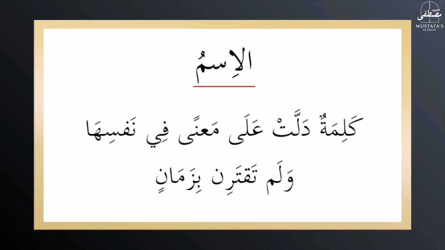Let's look at the definitions of each one of these types of words, or each type of speech that is used, so that you can understand the differences of each one of them, inshaAllah ta'ala. Al-ismu, the noun, it means kalimatun dallat ala ma'nan fi nafsiha wa lam taqtarin bi zaman. What does that mean?